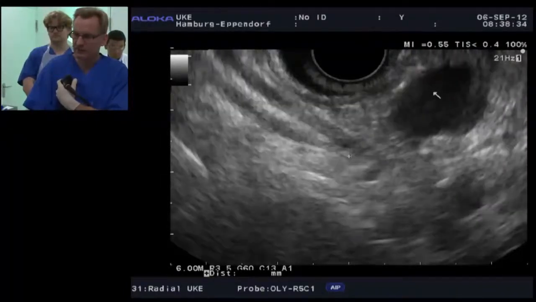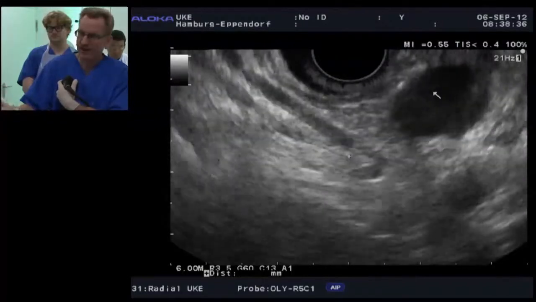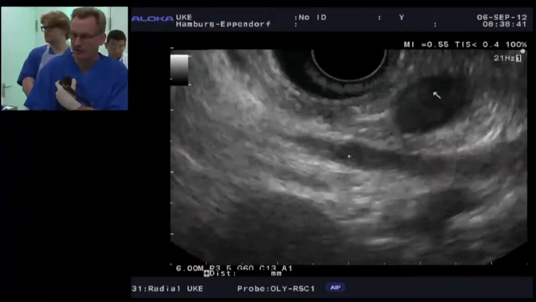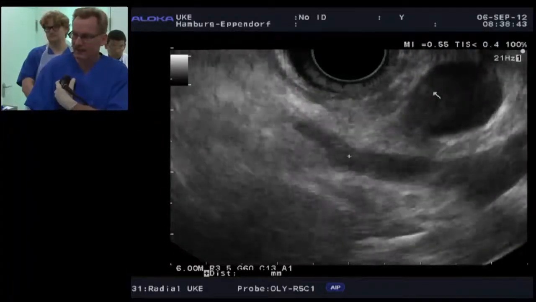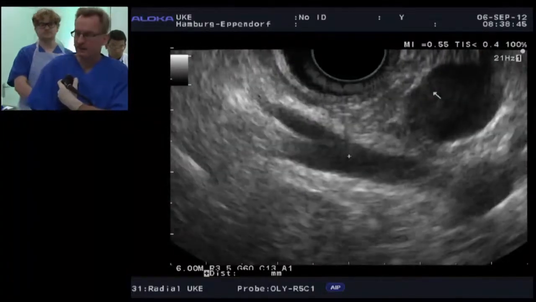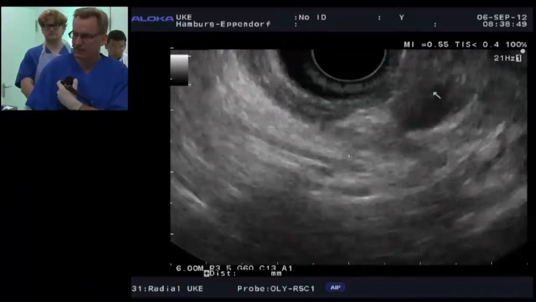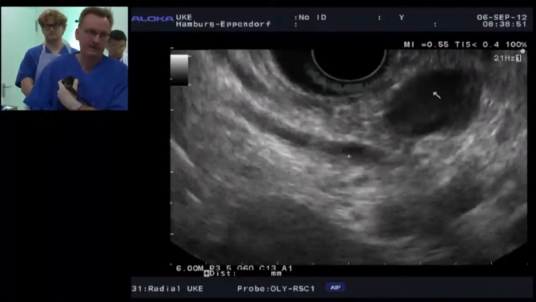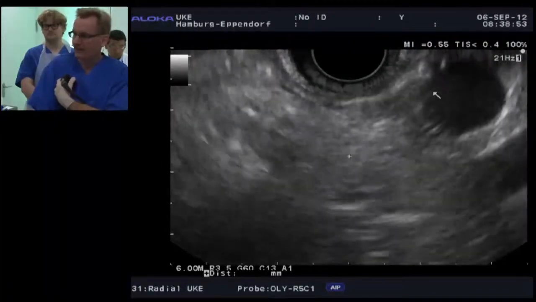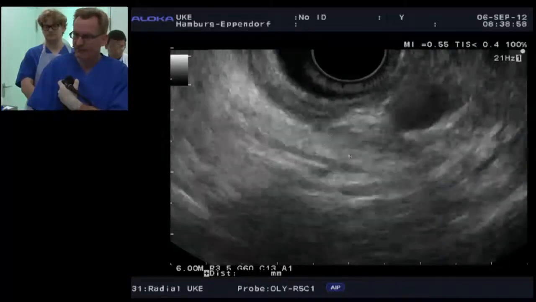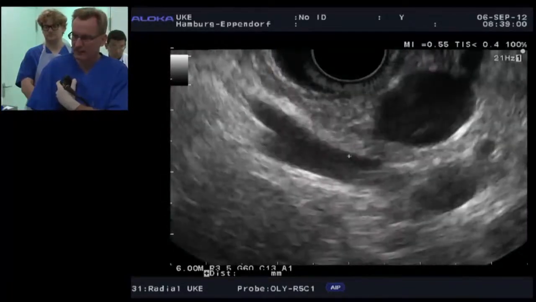I think she has abdominal pain due to some other reasons, and during the examination of the lady, this lesion was found. And I would suggest the lady not to have an operation now, but to look again after 6 months at what happened with this lesion, and then discuss again. If the lesion becomes bigger, or if there are signs of malignancy with solid areas or something else, there might be a clear indication for operation, but not now.